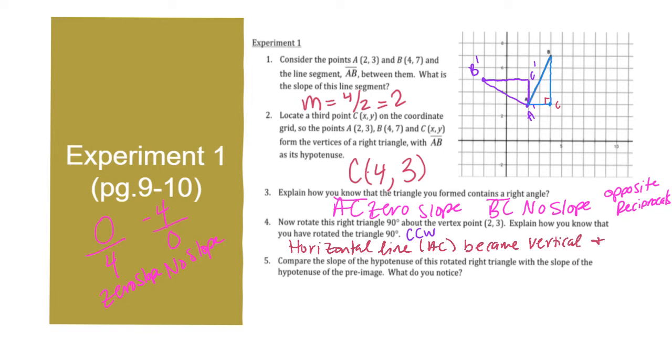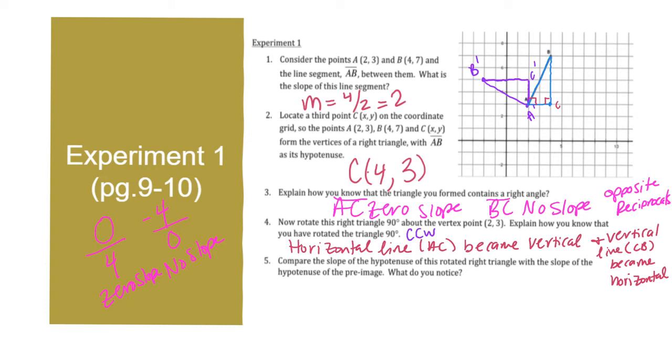And the vertical line, CB, became horizontal. So because those changed, we can say that this is also a right angle.